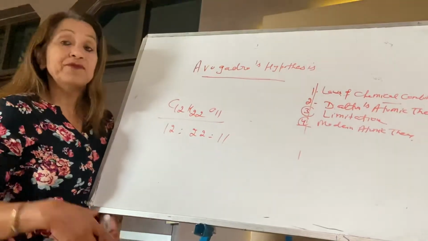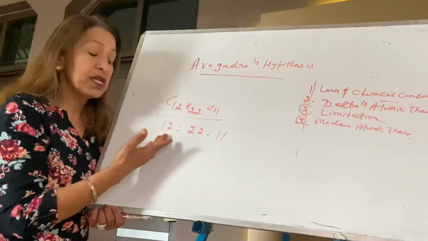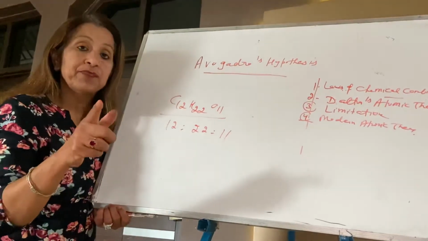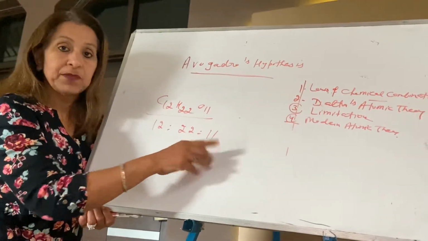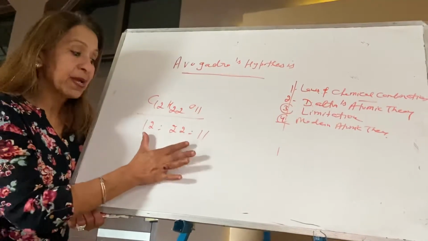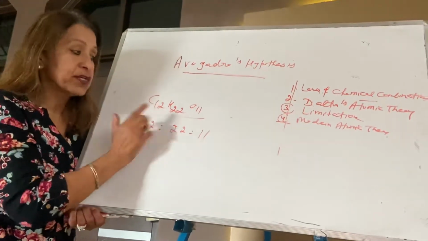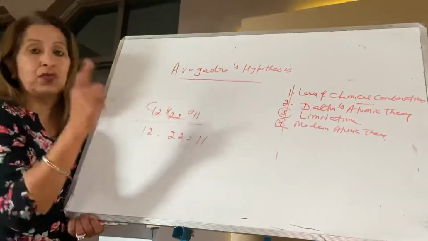Dalton said atoms combine in a simple ratio, but you can see the ratio is not simple, it is complex. So remember, in some compounds the ratio may be complex, like it is complex in the sugar molecule, the sucrose molecule. This is modern atomic theory.